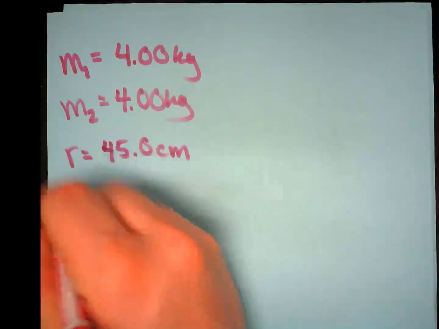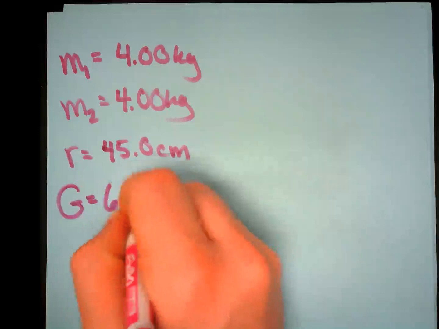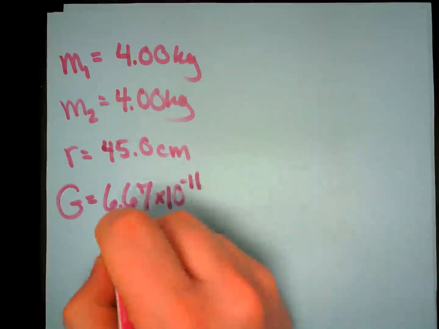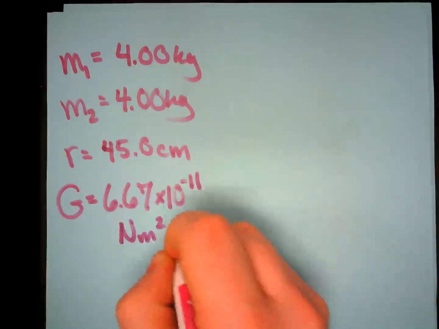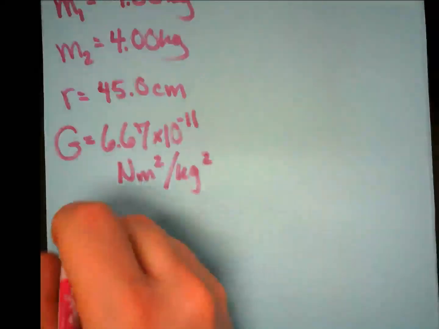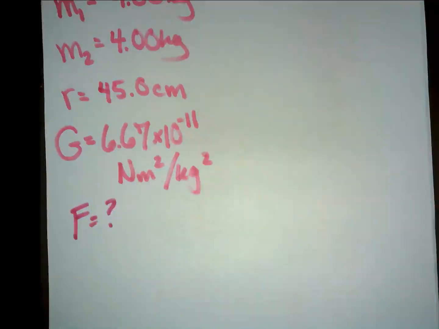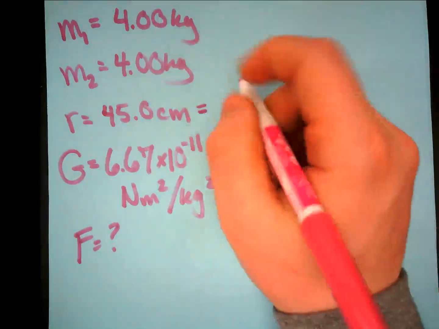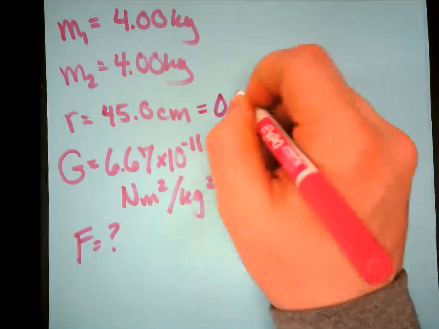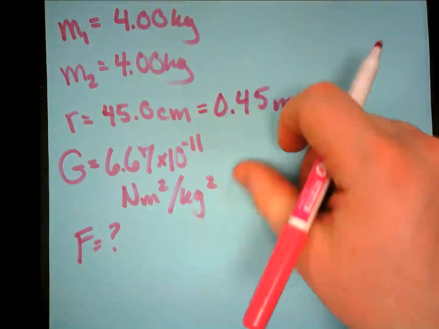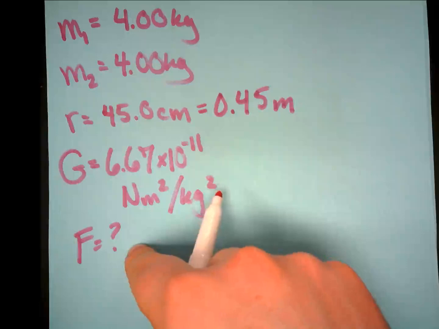And we also have G, the universal constant, which is 6.67 times 10 to the negative 11th Newton meter squared divided by kilograms squared. And we're trying to find F. We're trying to find the gravitational force between them. Now before we can solve that, let's first change this guy. So it's not going to be 45 centimeters, it's going to be 0.45 meters. These are in kilograms, this is fine. I think we're ready to go with basically solving for this.